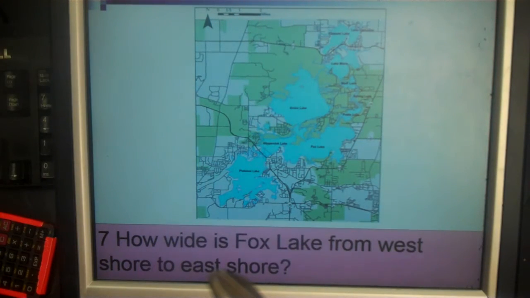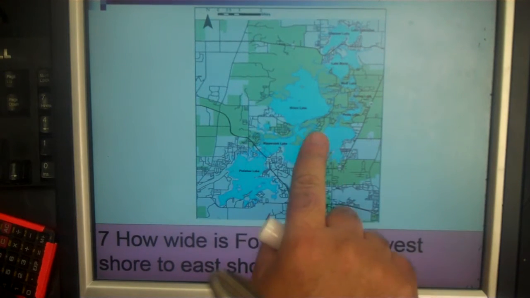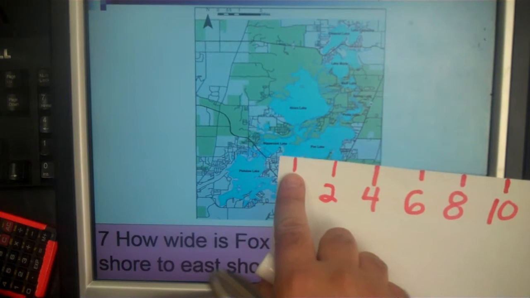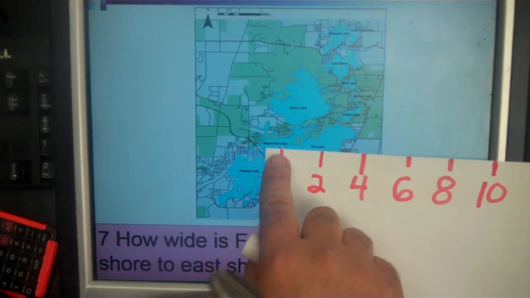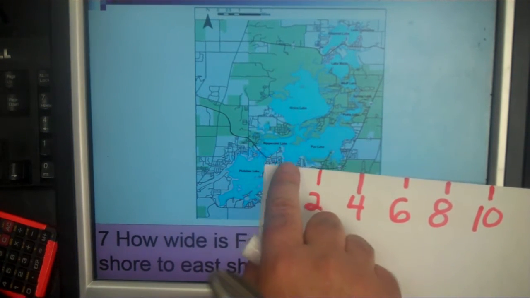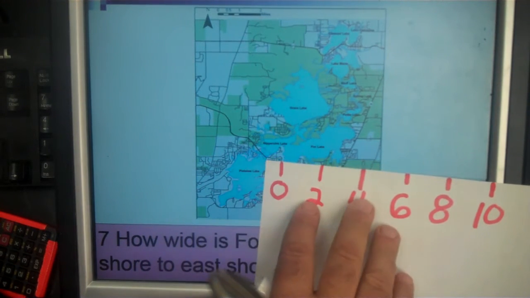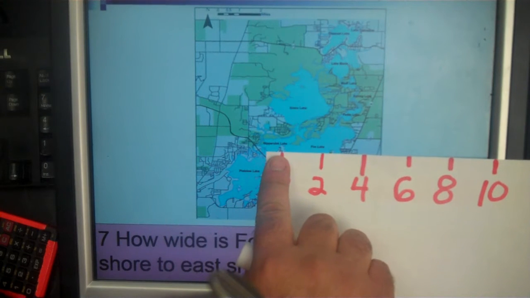Okay, number 7. How wide is Fox Lake from the west shore to the east shore? Right here is Fox Lake. And I'm going to line up my 0 with the far left-hand side, the far west shore. Looks like right about there. Anything beyond that is called Nippersink Lake. So right here is 0.